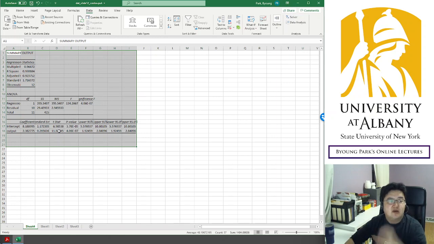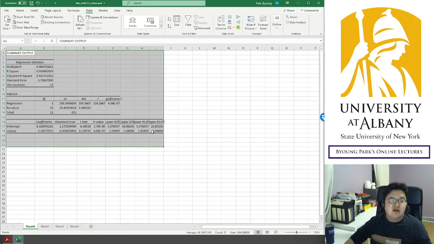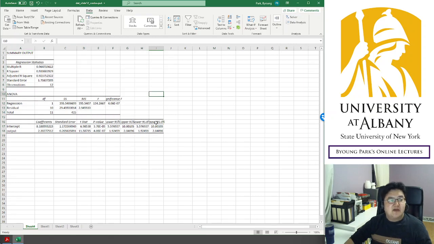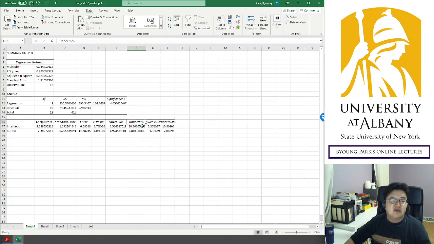Then you get a table with a lot of numbers. The goal of this class is to explain the meaning of many of those numbers. My goal is to explain maybe all of these. By the way, it's familiar: coefficients, standard error, t-statistic, p-value, lower 95% confidence limit, upper 95% confidence limit.